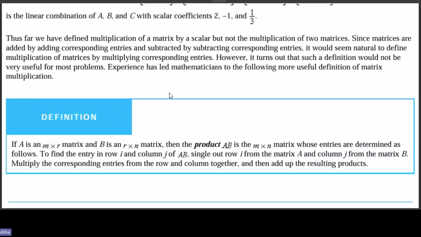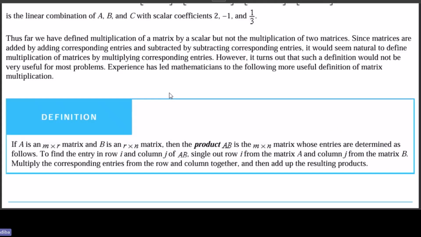What are we saying? The size of matrix A, better to write it down, A equals M by R, and the size for matrix B is R by N.